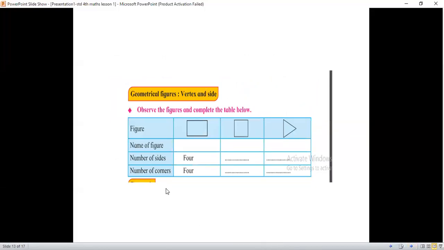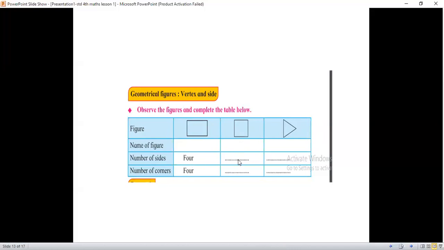Now geometrical figures, vertex and side. What are the vertex and sides? Now here you can see the picture of the rectangle, square and triangle. Here it is a rectangle, here it is a square and here it is a triangle. The number of sides of the rectangle is 4.